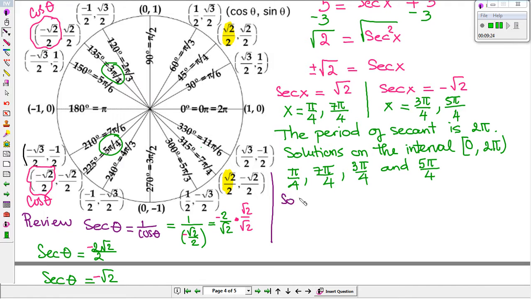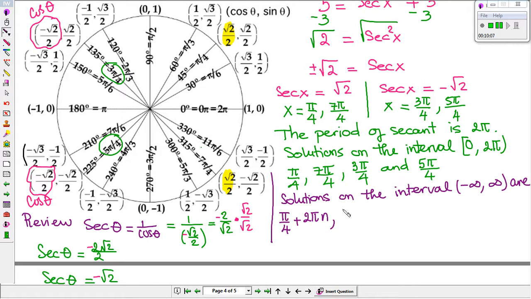Now let's talk about the solutions on the interval from negative infinity to positive infinity. It means that you go around the unit circle more than one time. So you take your pi over 4 and add the period 2 pi, times n.